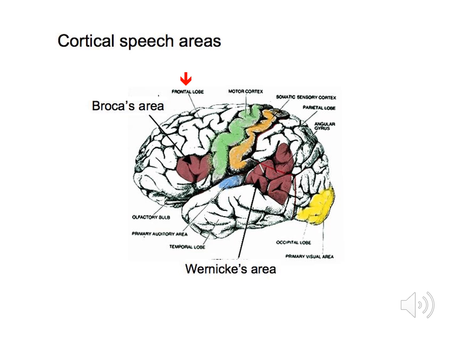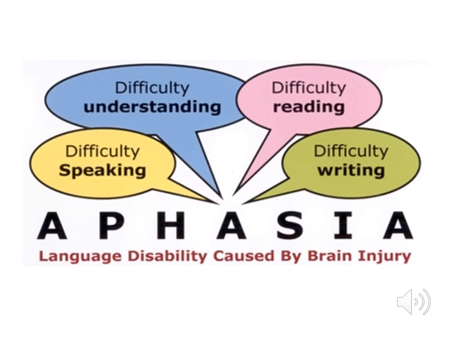And by that I mean it's involved in helping you actually be able to carry out the activity of speaking. Okay, if you have damage to Broca's area, you're going to develop what we call aphasia. And aphasia is the word that we use to refer to problems with language.